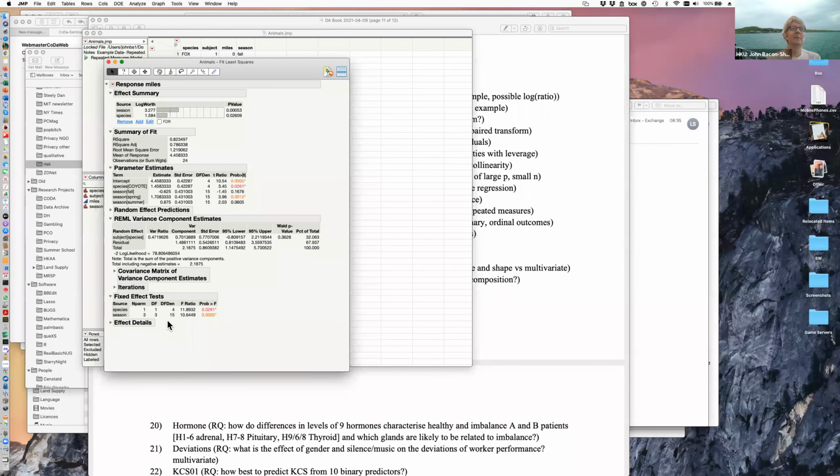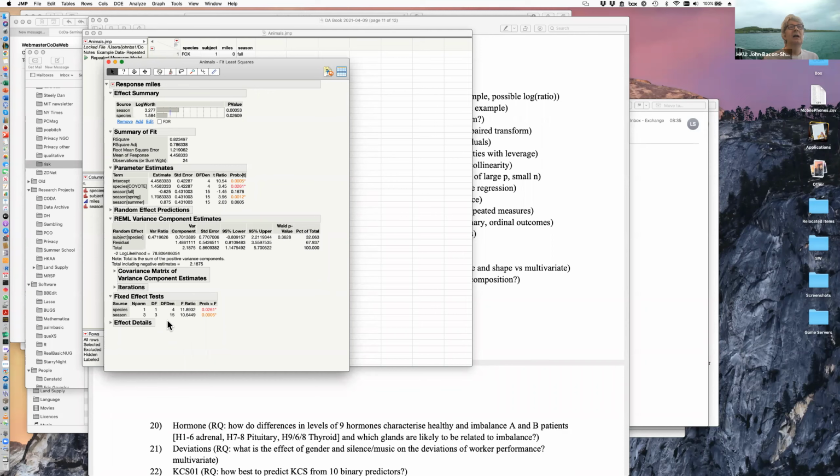It's all telling us about the seasonal variation. But for the species, right, we've first of all got to estimate the species effect after accounting for the subject effect. So it's adjusting, changing the F-test for the species effect to account for the fact that we've got these subjects within the species, and the subjects themselves are a random effect. Okay?